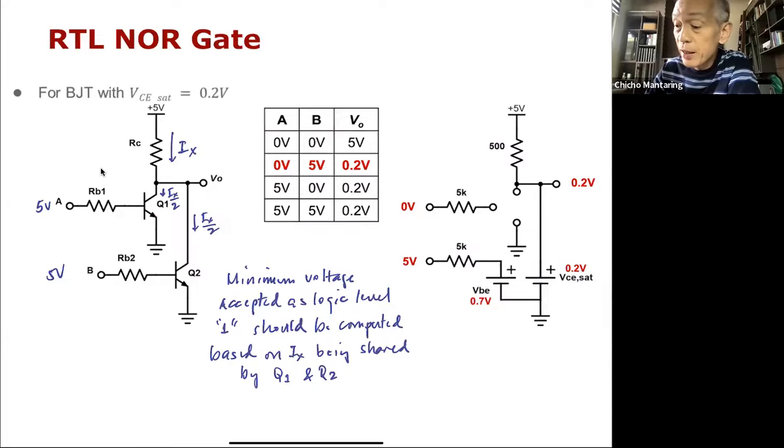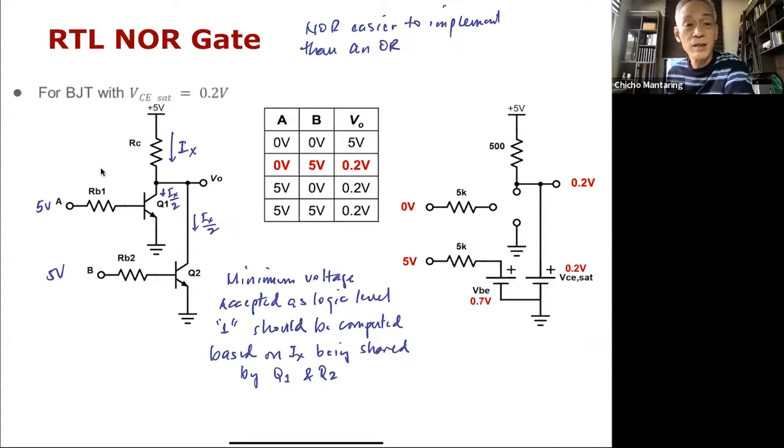Okay, so you see that a NOR is easier to implement than an OR. For an OR gate, you need 2 transistors. An OR gate is actually a NOR gate with an inverter.